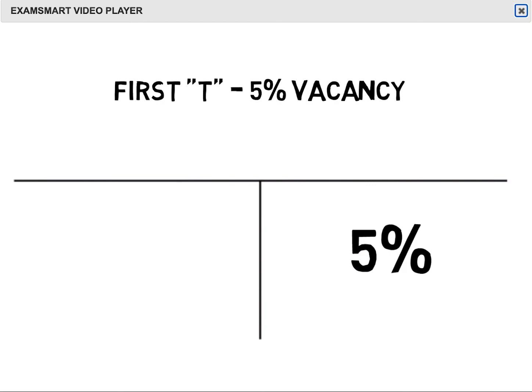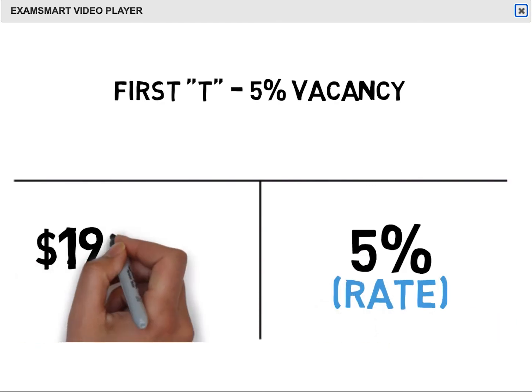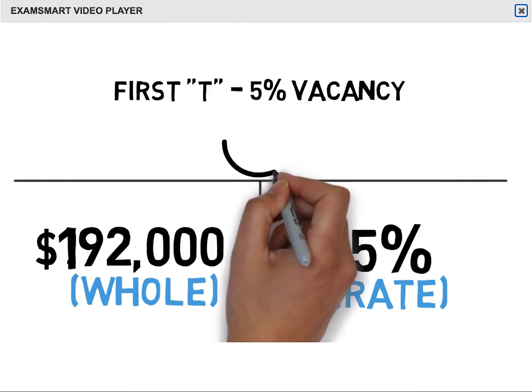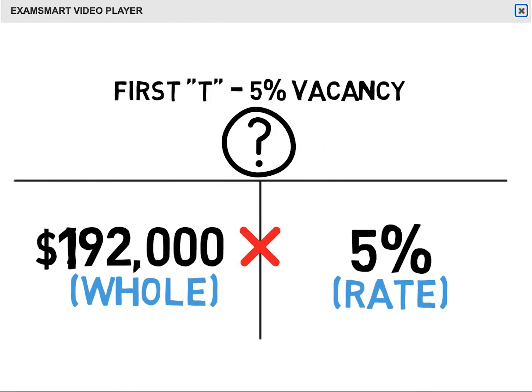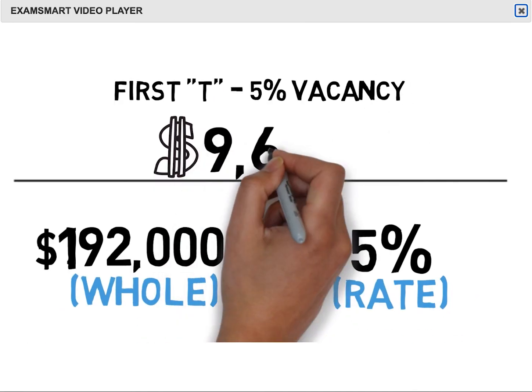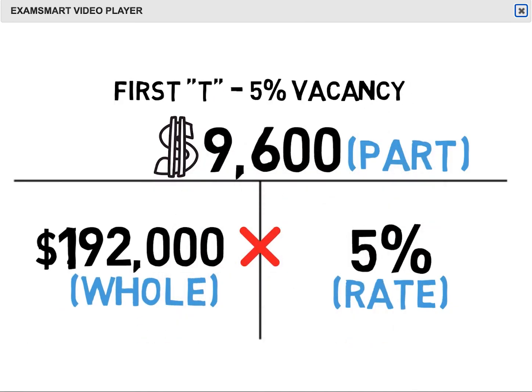So in our T, the 5% goes on the bottom right for the rate, the $192,000 goes on the bottom left for the whole amount, and our formula tells us to multiply straight across. So we would take $192,000 times 5% to give us our part of $9,600, which represents the amount of vacancies.